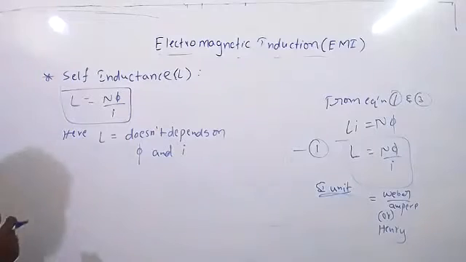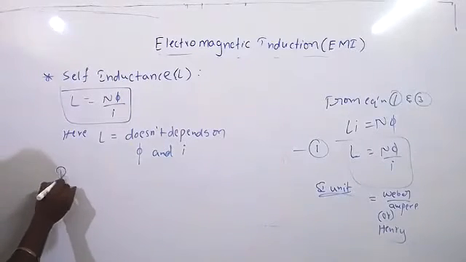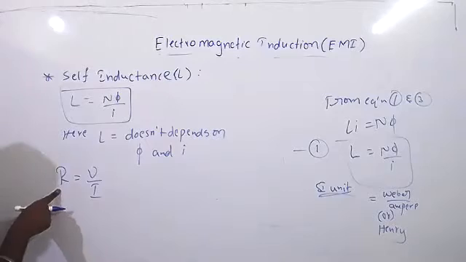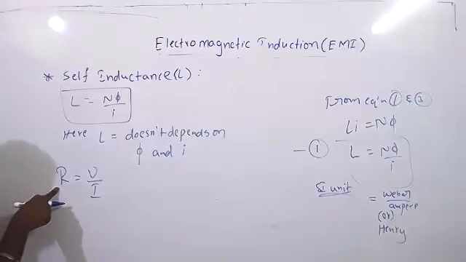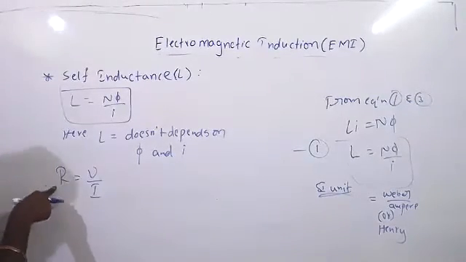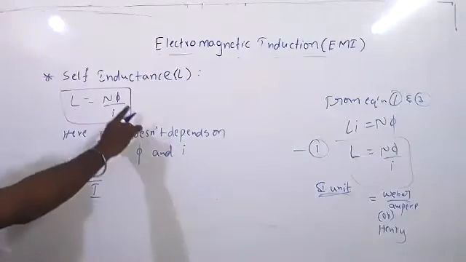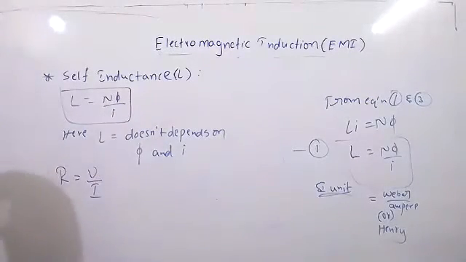Why? How can we say, sir? In current electricity we learnt R is equal to V by I. Here R is the constant, proportionality constant, also called resistance. This resistance does not depend on V and I. So like that, L here does not depend on phi and I.